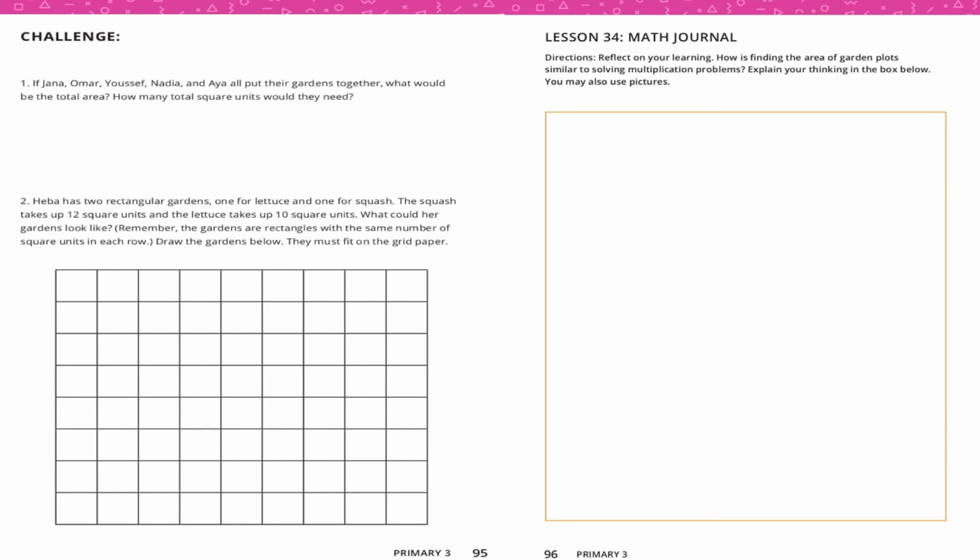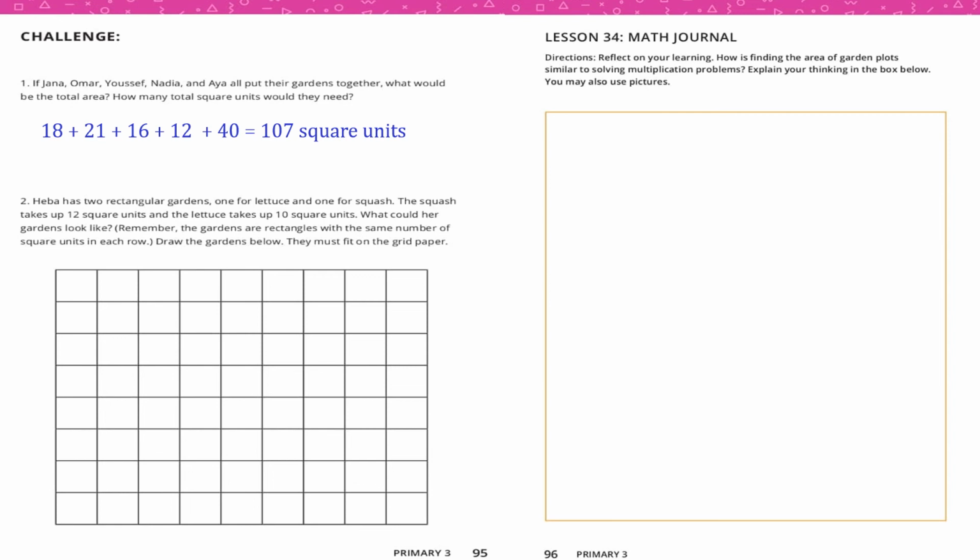So if we add 18 plus 21 plus 16 plus 12 plus 40, all of them equal 107 square units. So this is the total area, 107 square units, and they need 107 square units for the total garden.